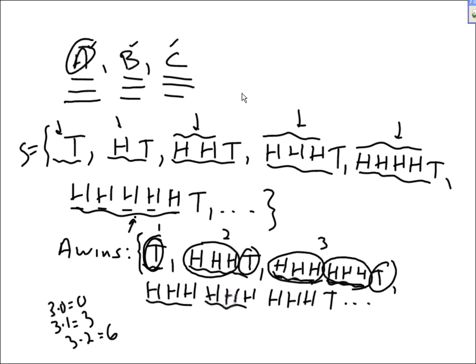We have no H's and then our tail. That's 3 times 0 is 0. 3 times 1 is 3 heads, then a tail. 3 times 2 is 6 heads, then a tail. Then 3 times 3, 9 heads, and then a tail. It's going to repeat in that fashion. 3, 6, 9. Next time, I'll have 12 H's, and then Abe would win with a tail.